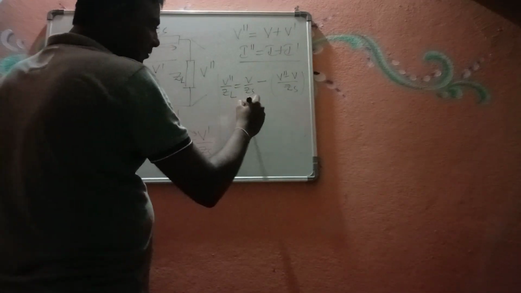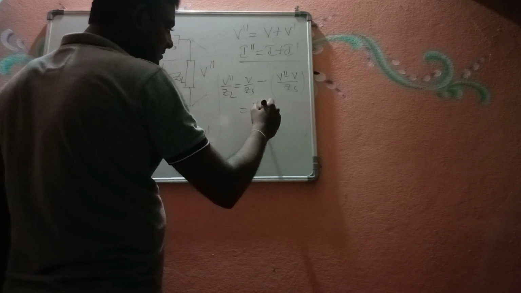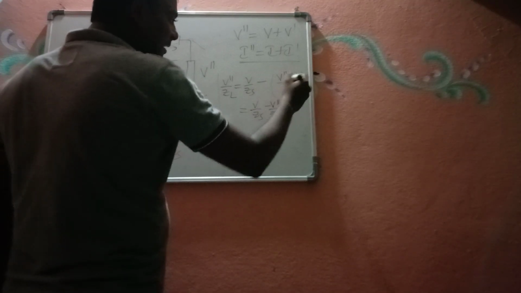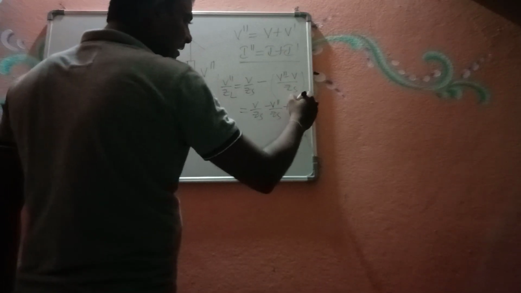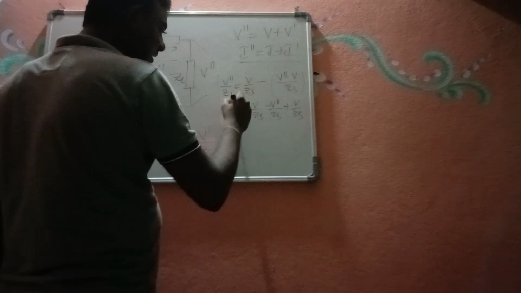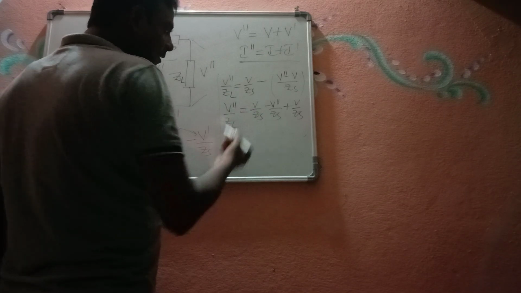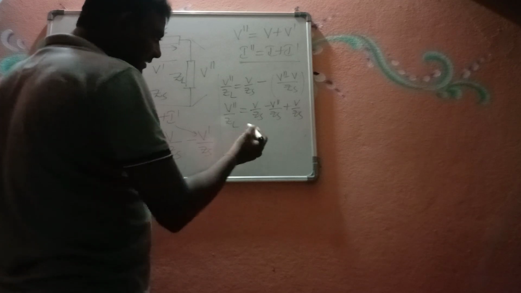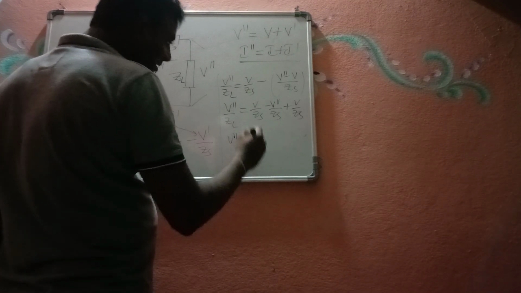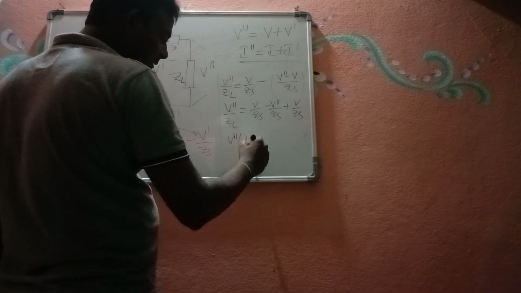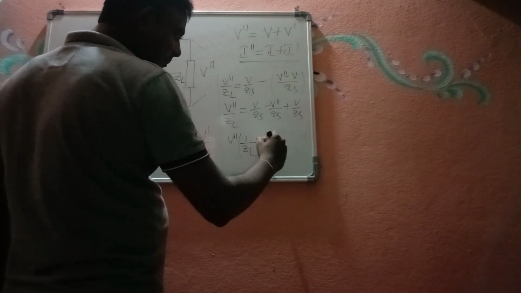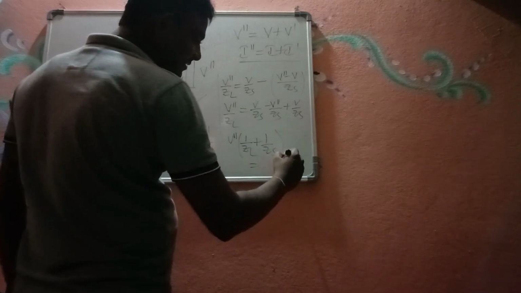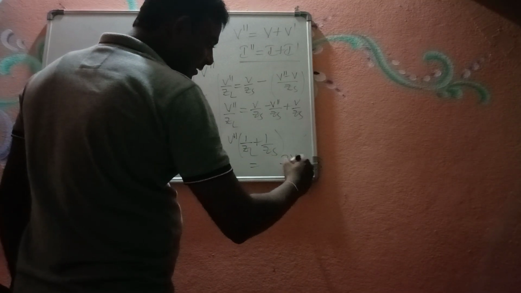This gives V by ZS minus V double dash by ZS plus V by ZS, equal to V double dash by ZL. If you send the V double dash terms to one side and the V terms to the other side, you will get V double dash times 1 by ZL plus 1 by ZS, which is equal to V by ZS plus V by ZS. It is 2 times V by ZS.